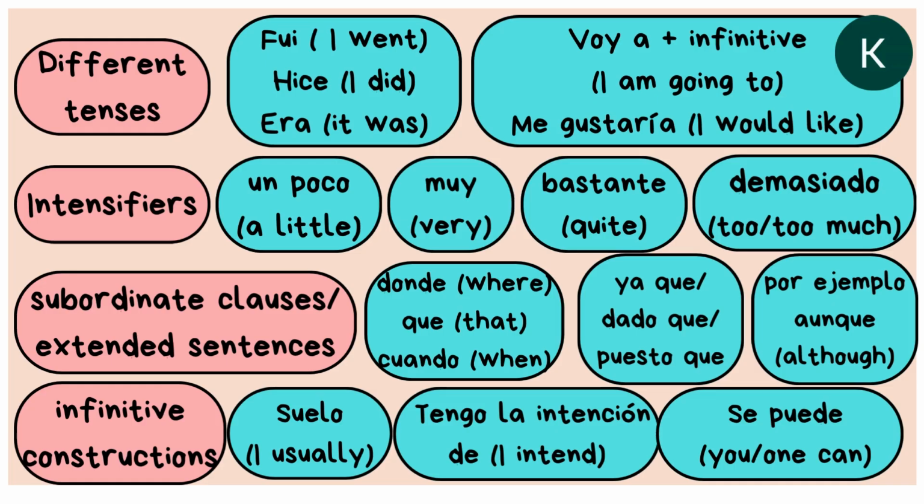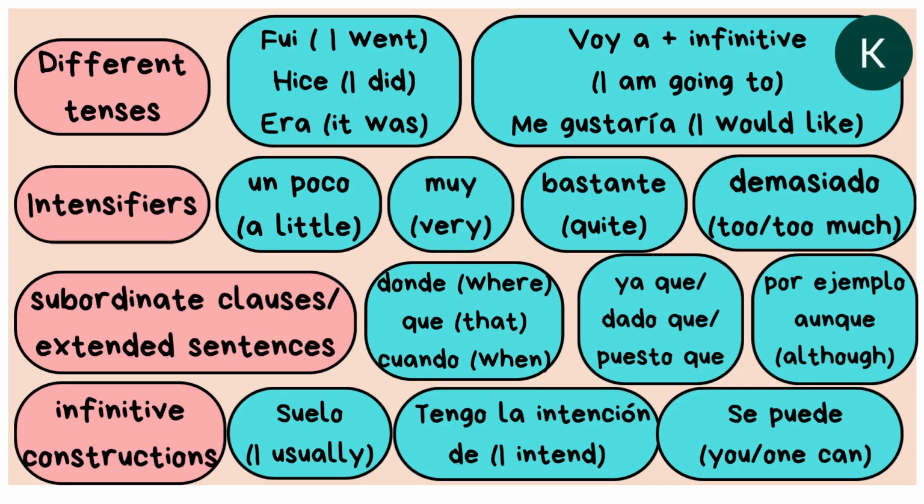So we have fui, I went, hice, I did, era, it was, or for future time frames, we've got voy a plus your infinitive, so I'm going to do something, or we've got me gustaría plus your infinitive, I would like to do something.